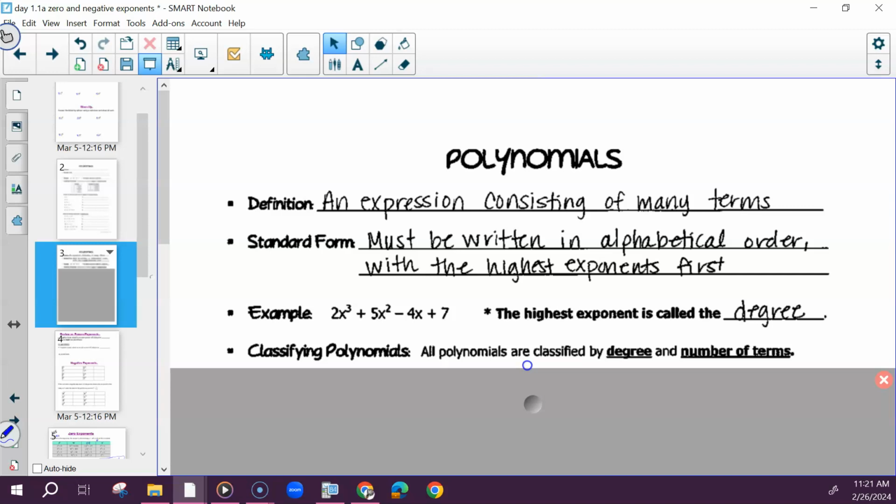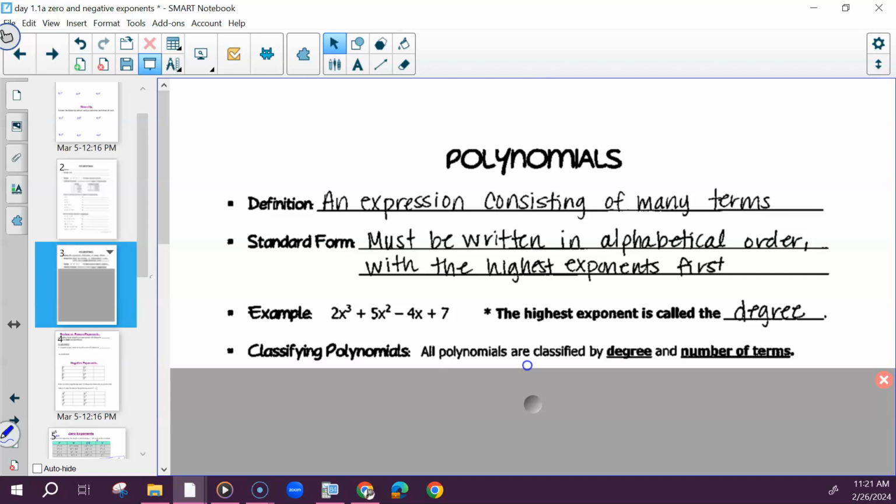When we write them, the highest exponent is called the degree. So we'd be looking at which degree each polynomial has. We're going to be classifying them, and they're classified by the degree and number of terms.